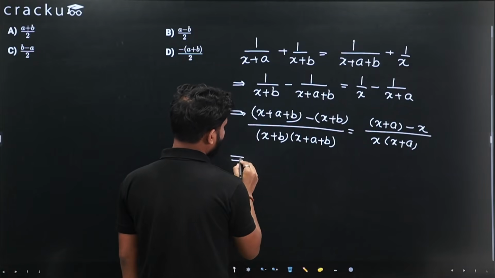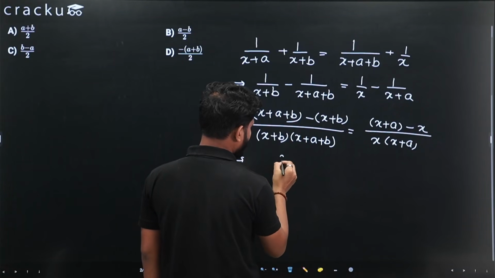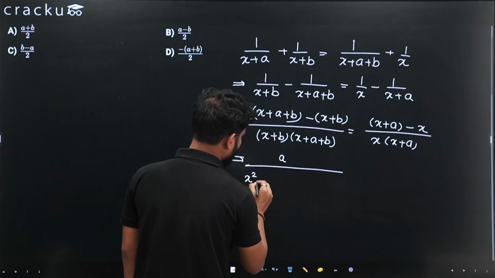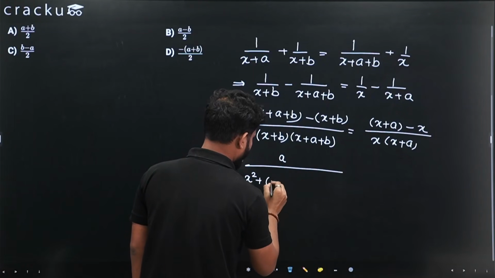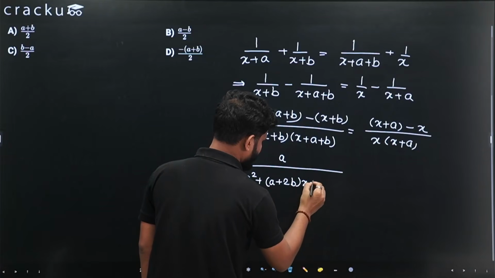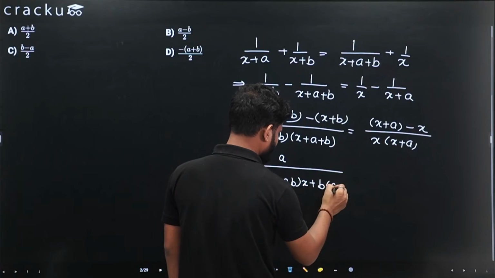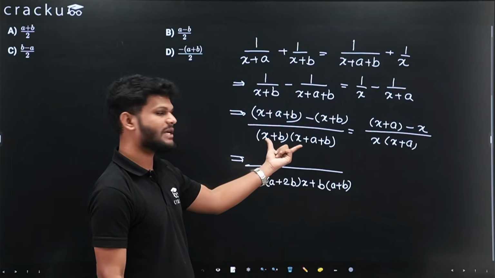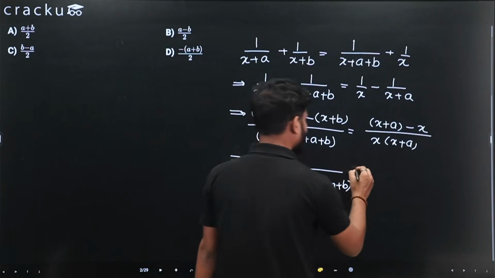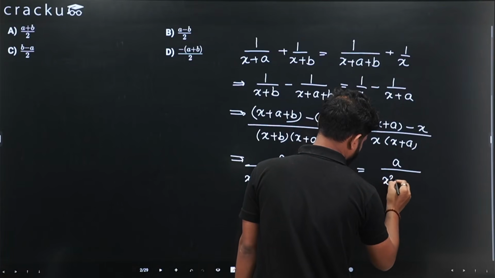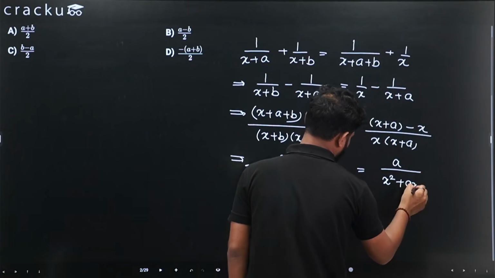Correct? From here what we get? In numerator we will get only a divided by x square plus a plus 2bx plus b into a plus b. Right? This will be the expansion of this multiplication. Here we will have a upon x square plus ax.